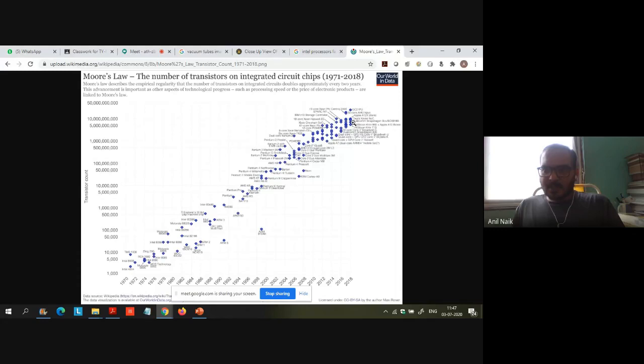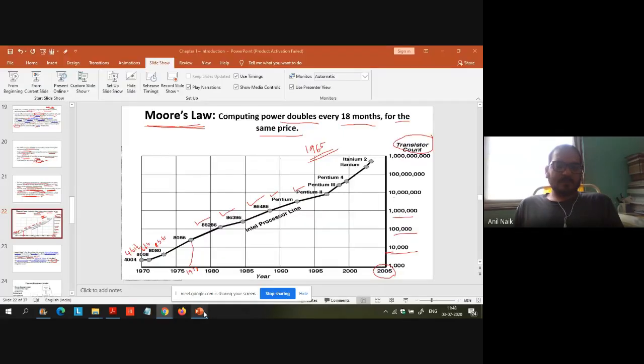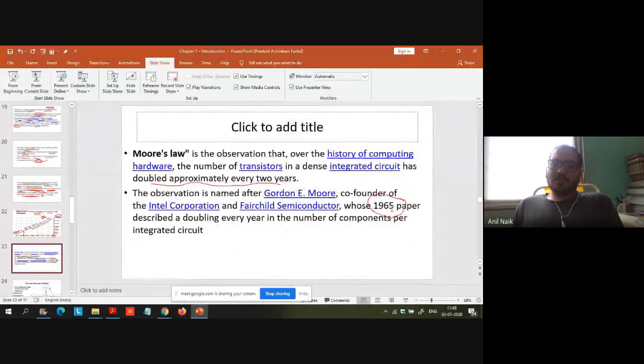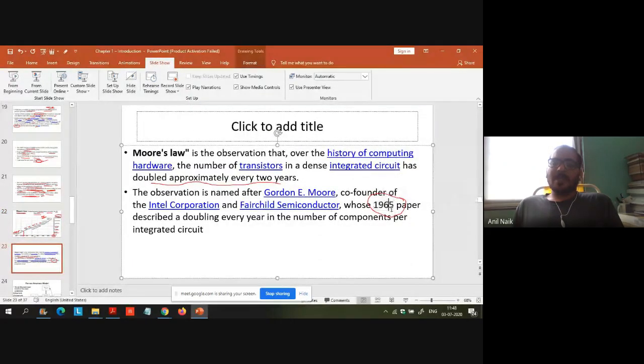These are different processors: i3, i5, i7. The transistor count is doubled. In whatever laptop or devices you are using, there are around billions of transistors. His observation was mentioned in 1965 only.